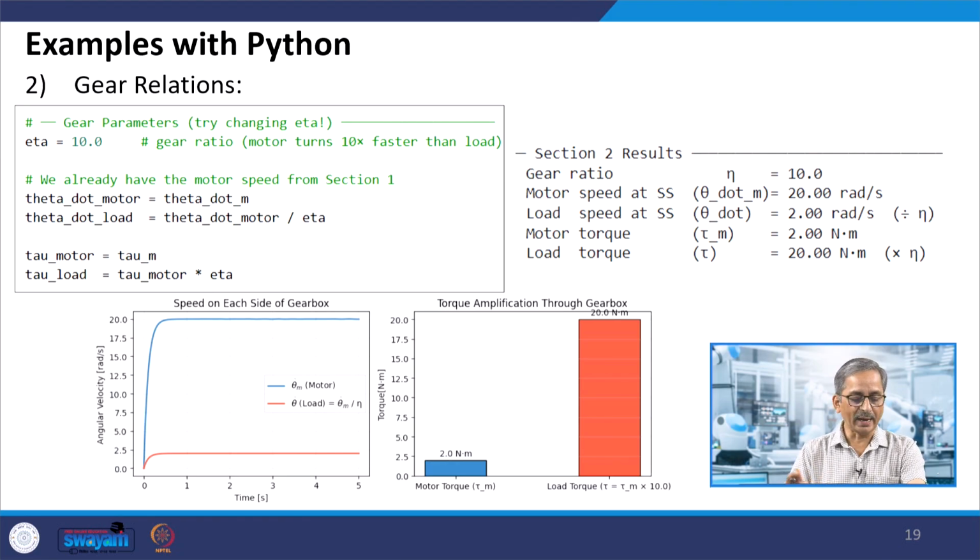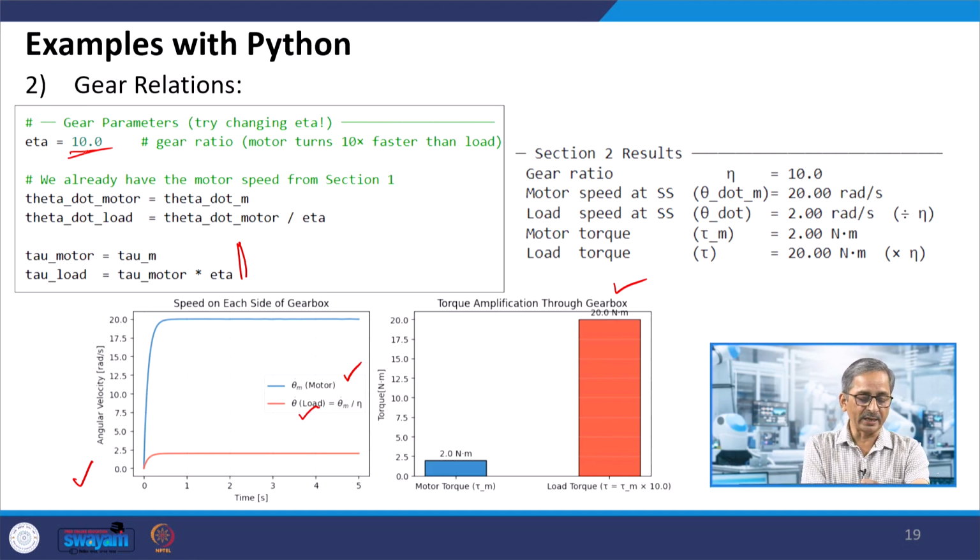In order to see that, I take a value of say eta equal to 10 here, and put up these equations in terms of eta. So, here are the plots for the angular velocity and the torque. If you look at this, this is the motor velocity, and this is the load velocity.